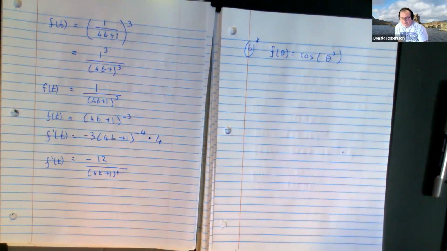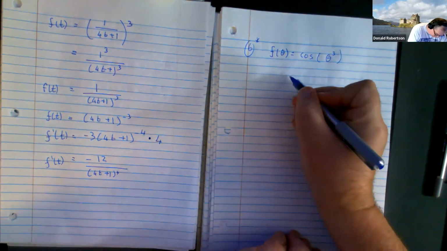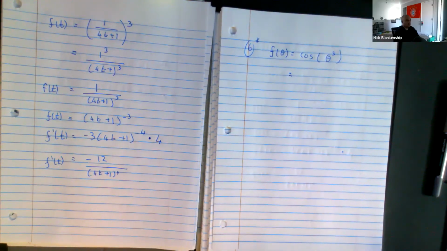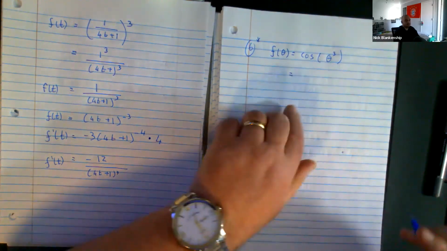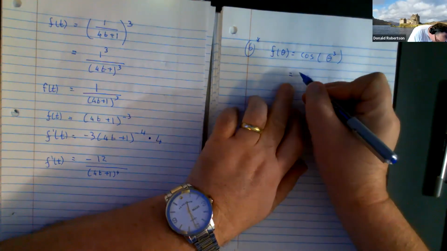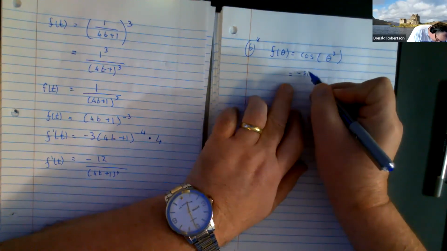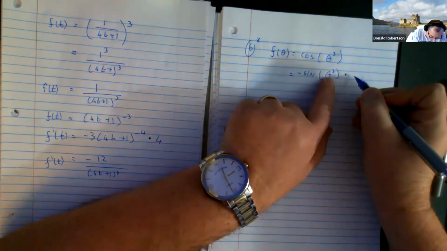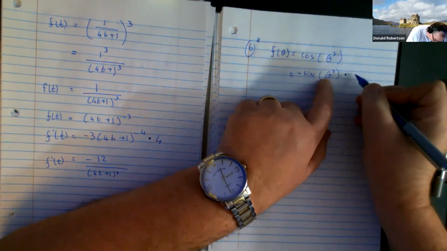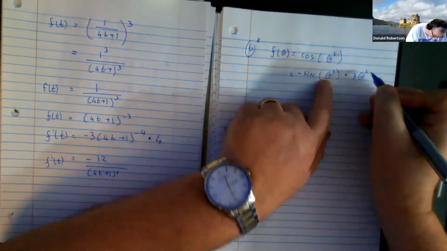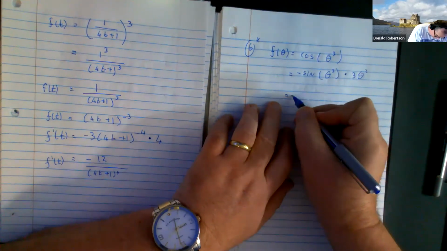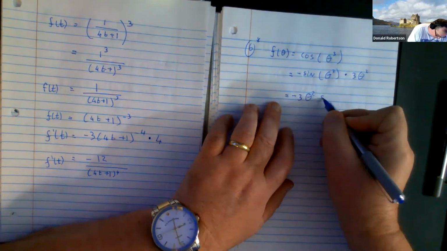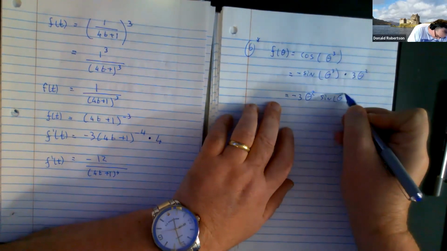Theta cubed. Yeah, the theta cubed, right? So cosine is something. If you differentiate a cosine, you will get the negative sine of that something. And then you finish by differentiating the something. You differentiate the inside function. And the convention is signs, numbers, powers, trig. So all I'm doing is rearranging the order.